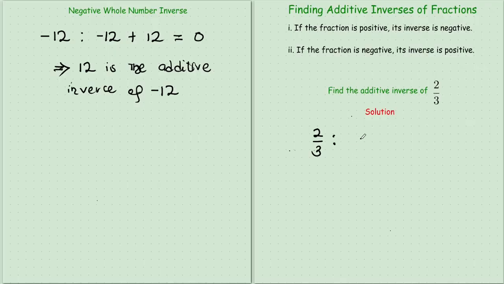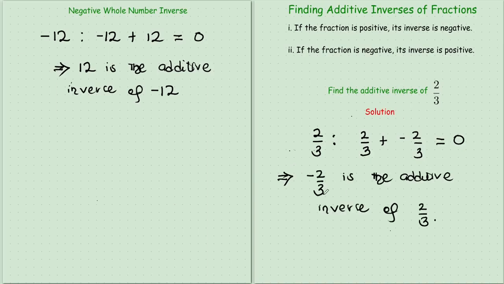Why? Because if you take 2 over 3 and add it to the negative of 2 over 3, we are going to get 0. So it simply implies that negative 2 over 3 is the additive inverse of 2 over 3, as simple as that.